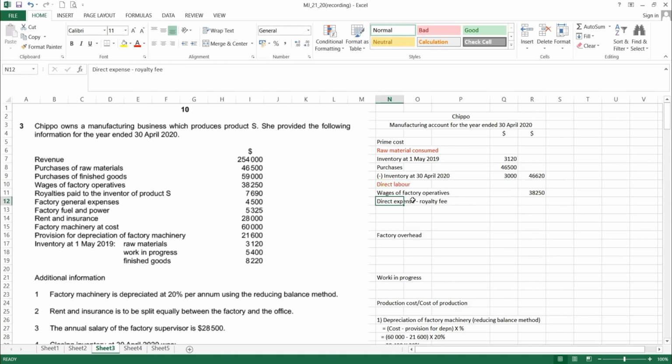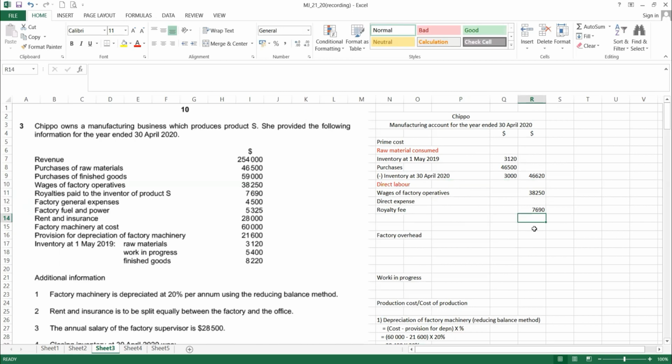The last one, direct expenses, in here which is the royalty fee. Okay, royalty fee amounts to how much? 7,690.